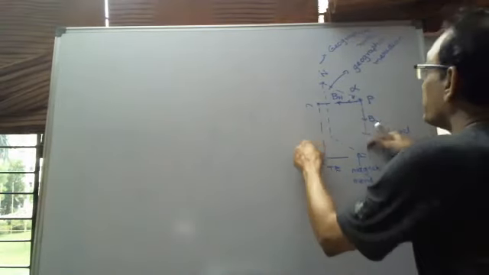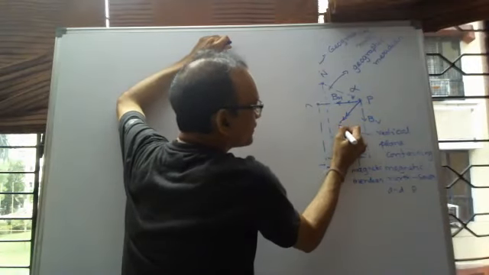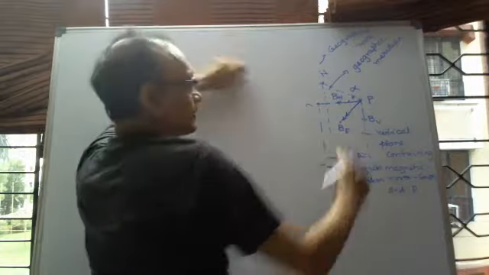And this is the magnetic meridian. That means the net magnetic field will be in the magnetic meridian. Yes or no? Do you see that? The net magnetic field will be in the magnetic meridian.